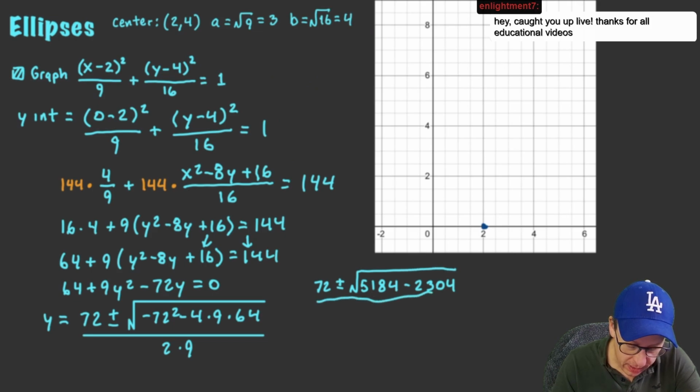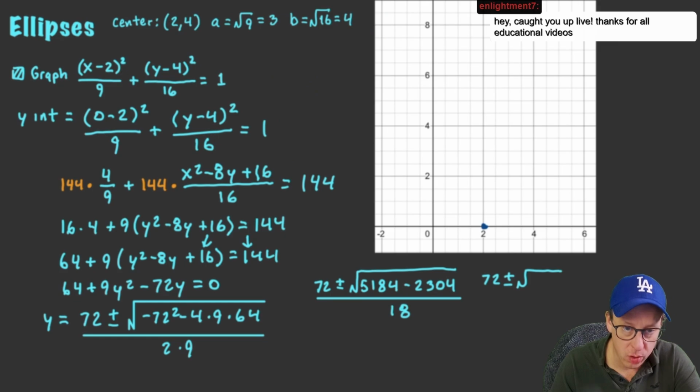And we will divide both of those values by 18, and that means that we're going to have 72 plus or minus the square root of 2,880 divided by 18. And then we can simplify that down further.